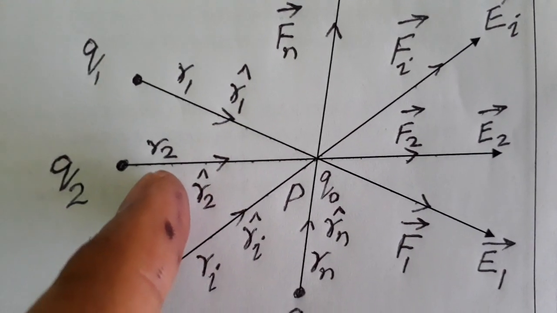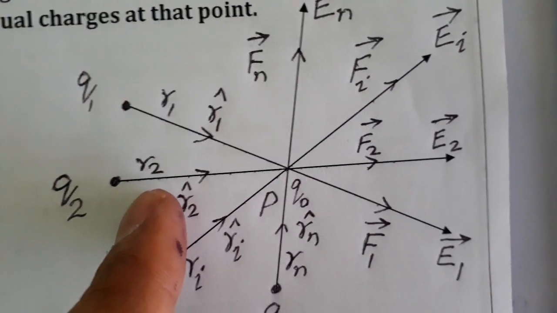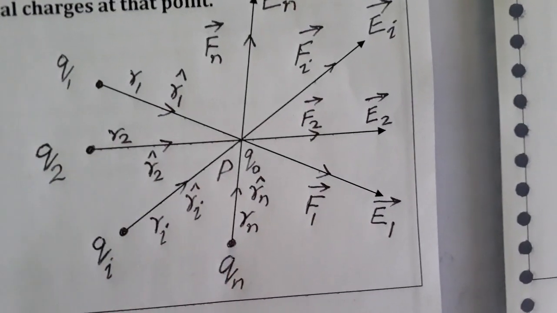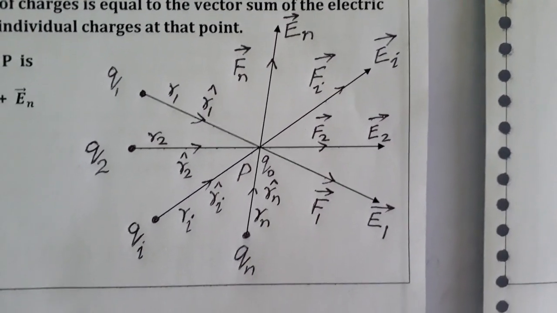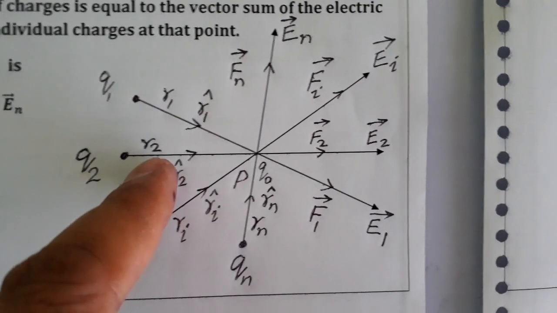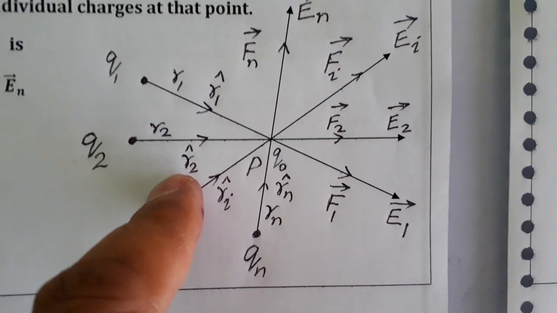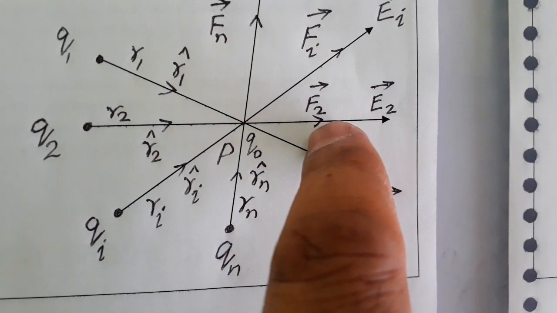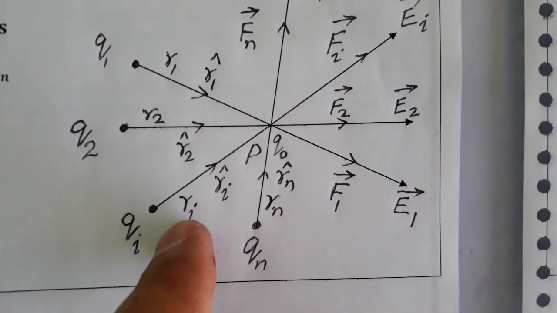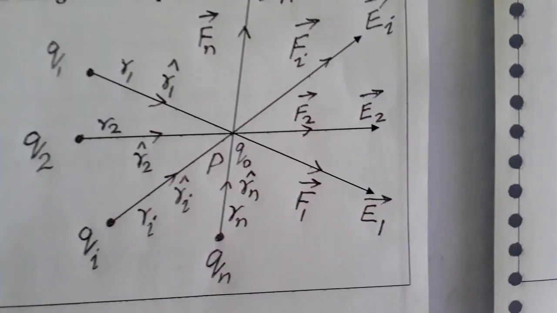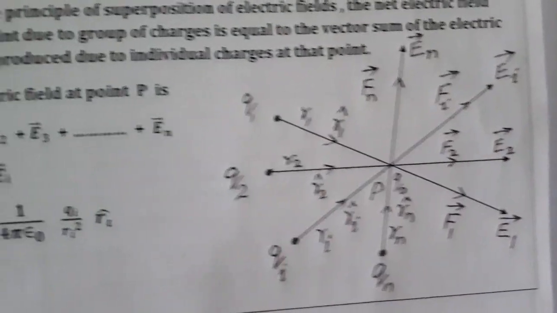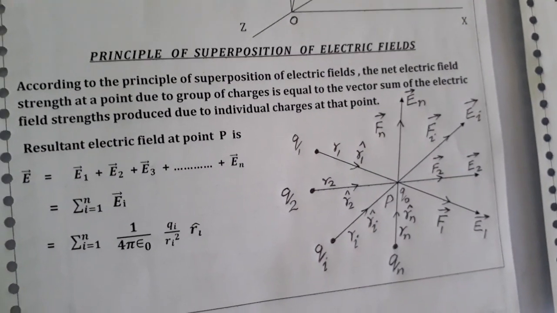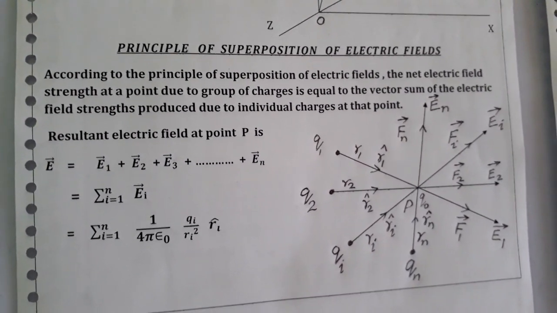Similarly, I have written for charges Q2, Qi, Qn, you can see carefully. For the charge Q2, the distance is R2 and the unit vector is R2 cap for the force F2. In the same way everything has been done, you can see, and now we have to use the principle of superposition of electric fields.